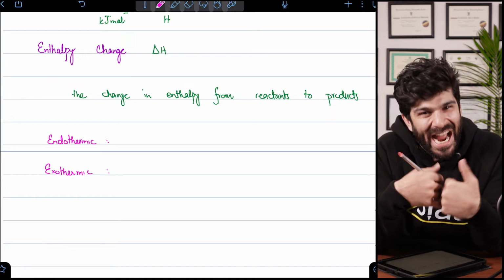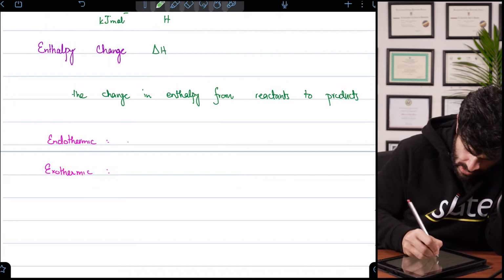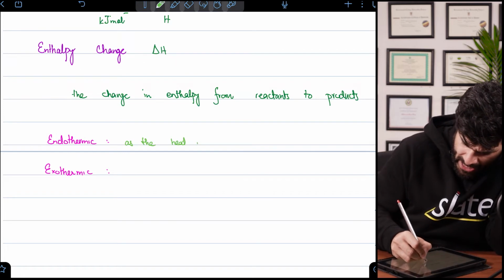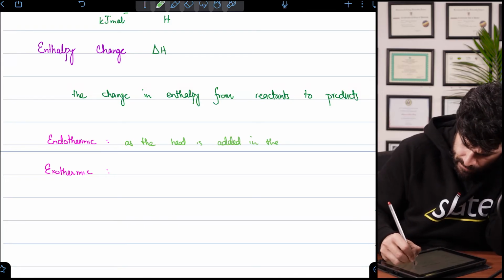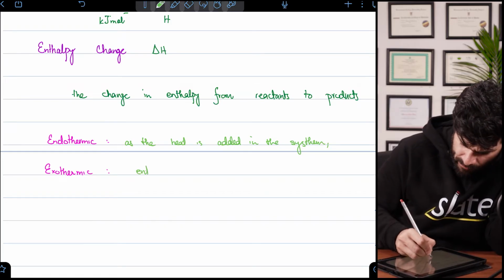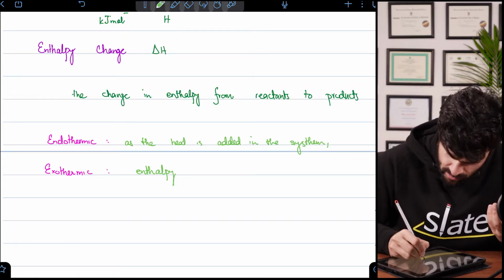If the energy is getting added in the system, as the heat is added in the system, enthalpy of the system increases. Obviously, enthalpy of the whole system increases.